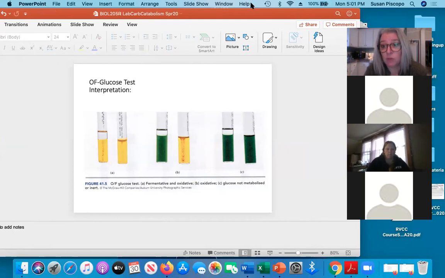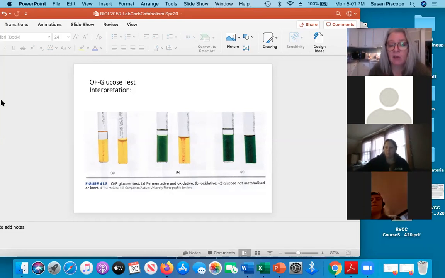Most of our microbes are using glucose at least. So we use that in the OF test because everybody can make use of it. If you start over on the left-hand side, remember, we're looking for a color change, and we need to figure out whether or not that's happening in air, aerobically, or under oil, or both.